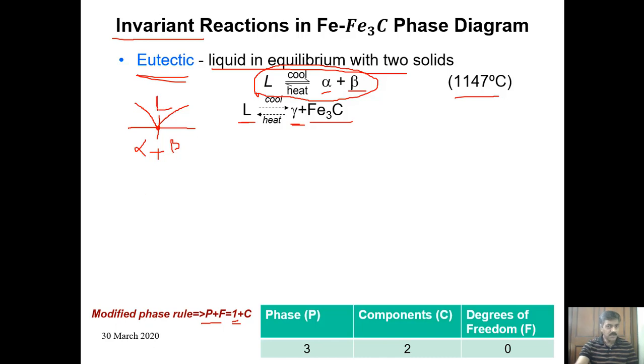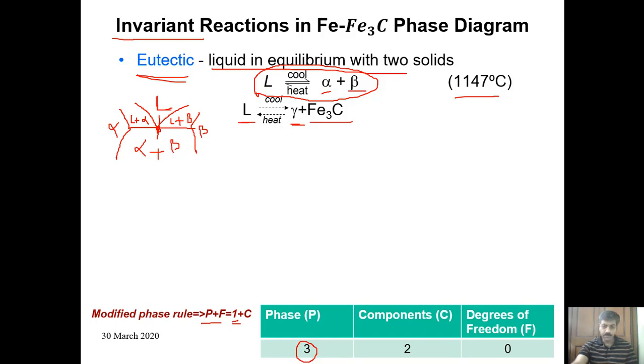Here you can see the liquid phase is there. Here you will find the alpha phase, and here the beta phase, right? So here it is liquid plus alpha, here it is liquid plus beta. So at this point, liquid, alpha and beta are all in equilibrium. So how many phases are in equilibrium? That is alpha phase, beta phase and liquid. So 3 different phases are in equilibrium at this point.